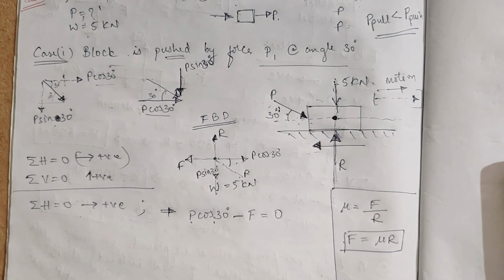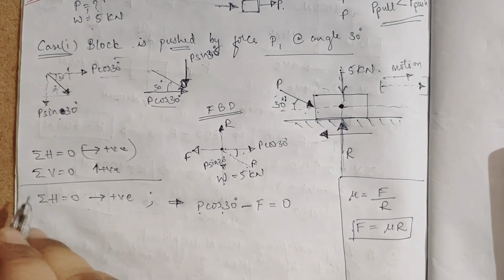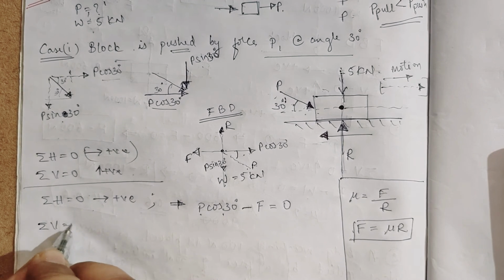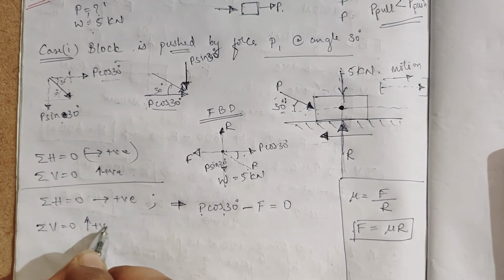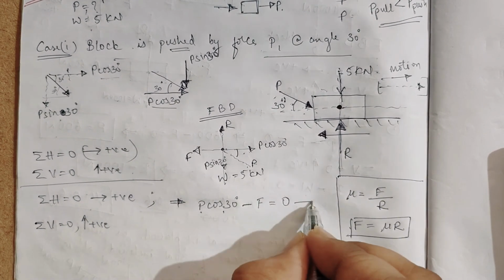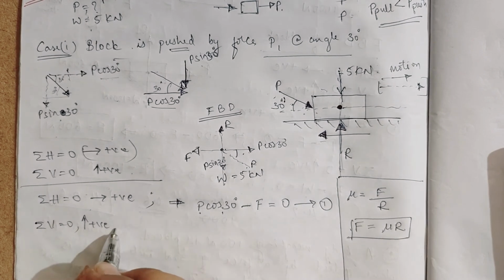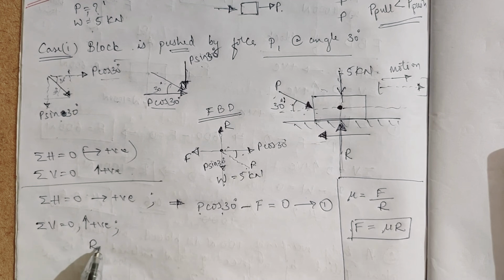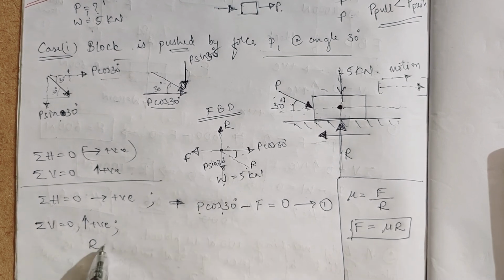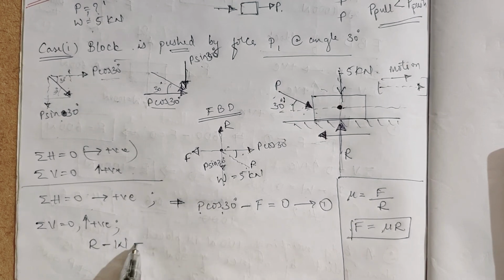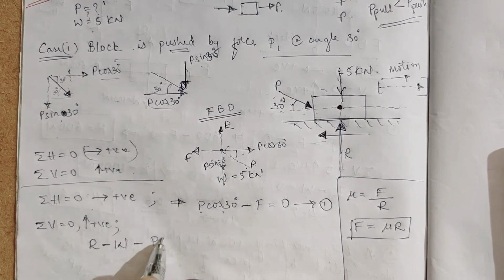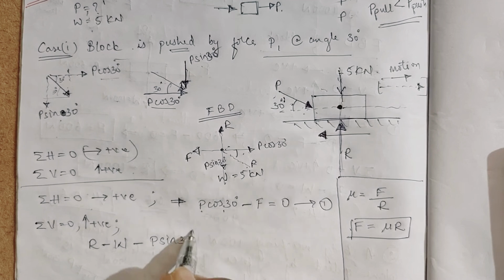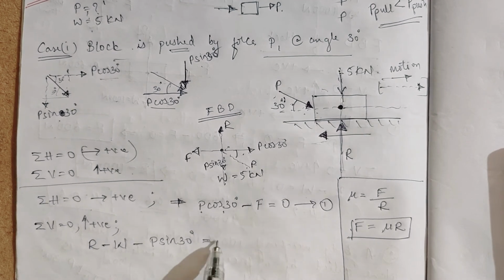Now I'll take the sum of vertical forces equal to 0, taking upward as positive. Take this as equation number 1. See here, R is positive, so I'll take R, next minus W, the weight, and also we have another force, that is P sin 30-degree, is equal to 0.